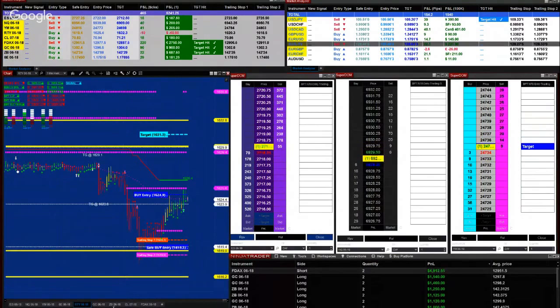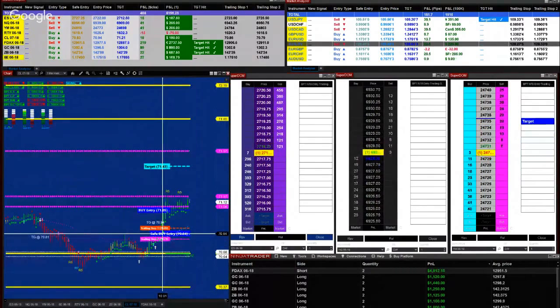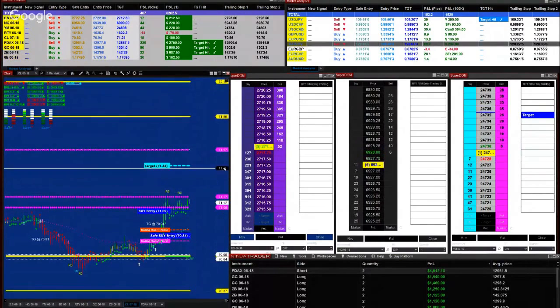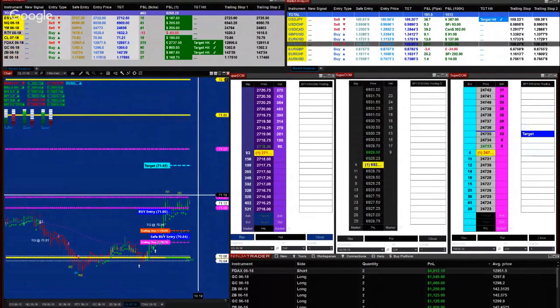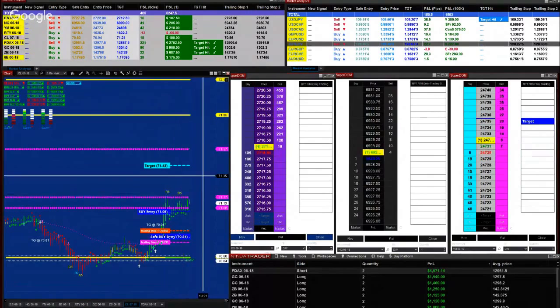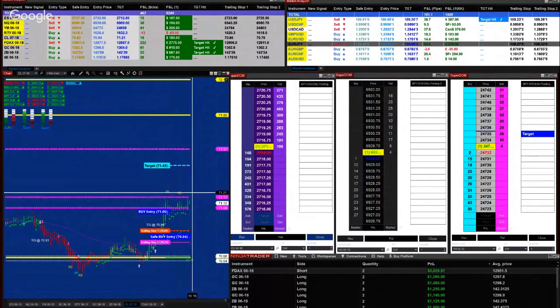There is a potential on the CL. Let's look at the CL. We had the entry on the CL. If you are not in the trade on the CL yet, wait till the market breaks the 71.17, because this is a resistance line. If you're thinking about taking a long, maybe you need to put it above 20.